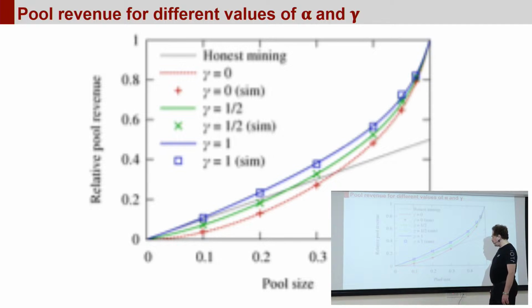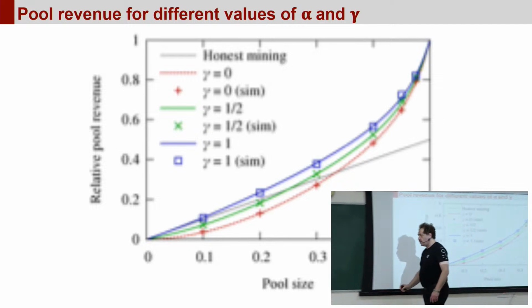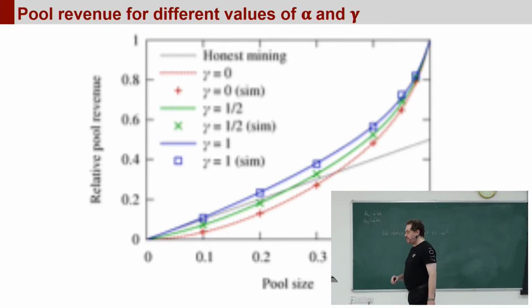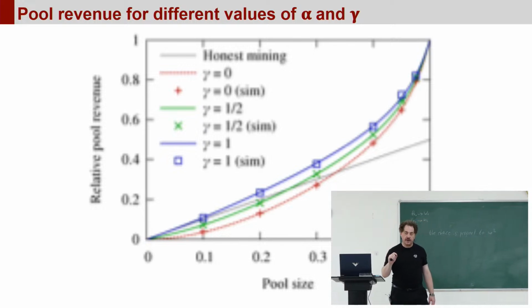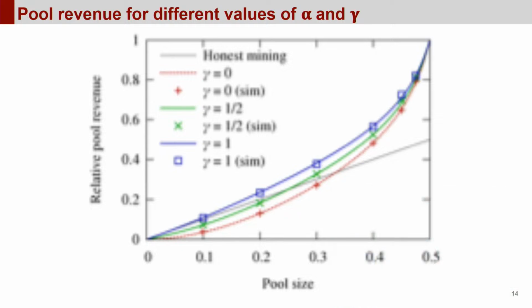So it means that if alpha, the power of the selfish miner, is below 0.33, then honest mining is better than selfish mining. But once we go above the power of 1/3, then selfish mining becomes more beneficial than honest mining.